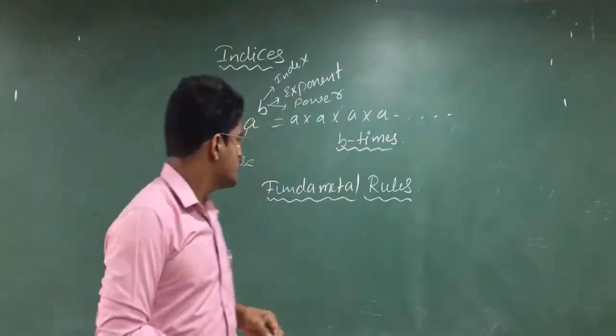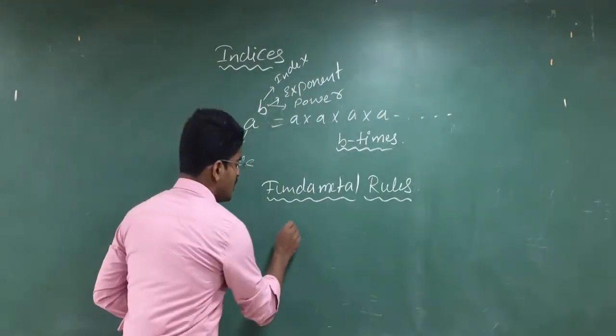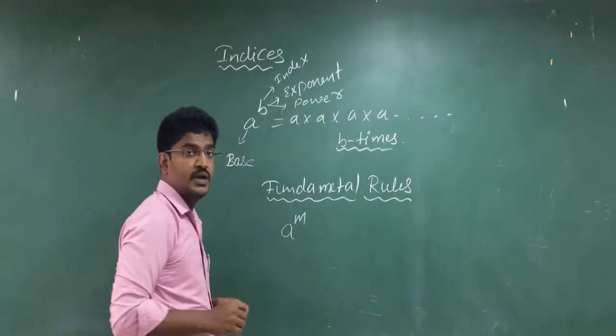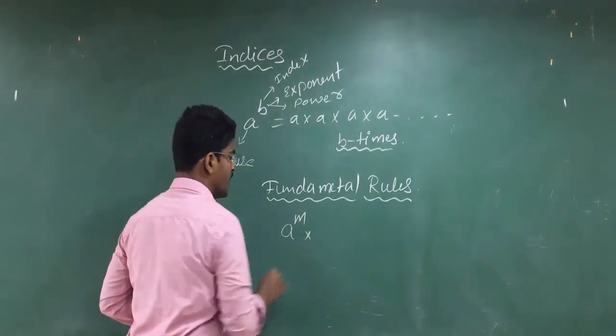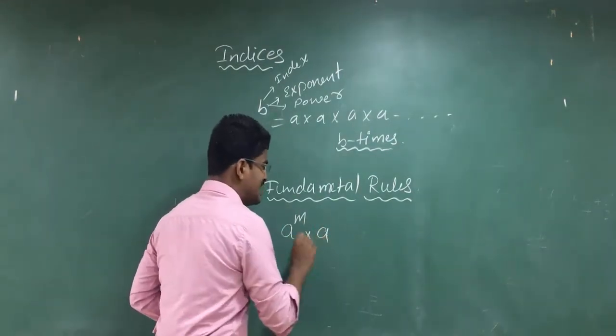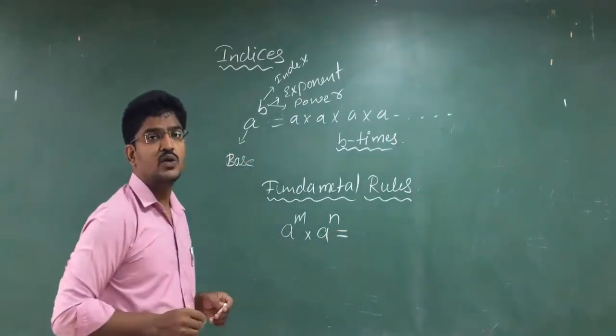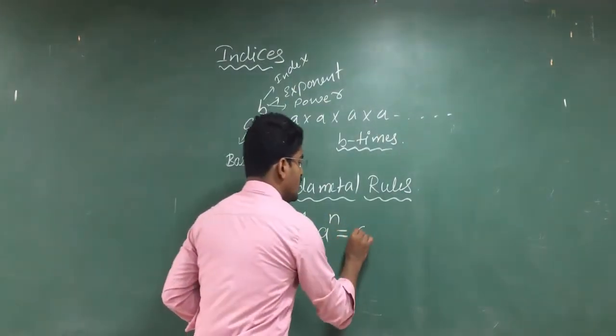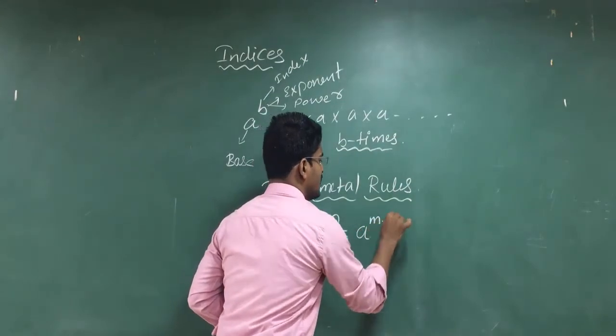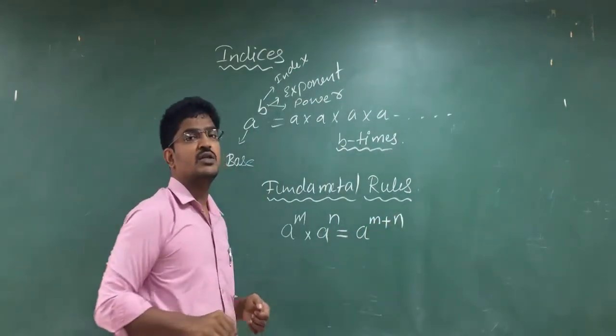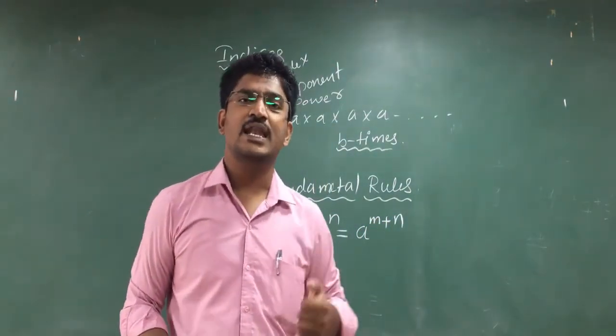Clear? So the first one is a to the power of m into, or multiplied with, a to the power of n will be equal to a to the power of m plus n. Clear?